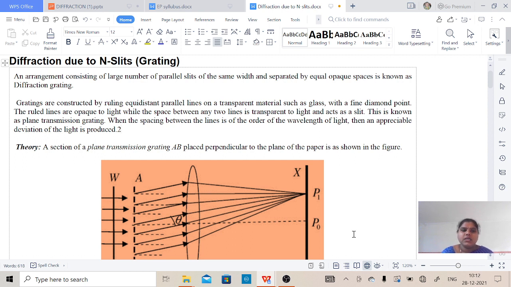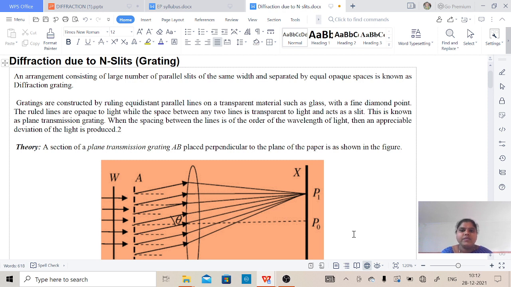Gratings are constructed by ruling equidistant parallel lines on a transparent material such as glass with a fine diamond point. The distance between the lines is equally designed, and the ruled lines are opaque to white light, while the space between any two lines is transparent to the light and acts as a slit.